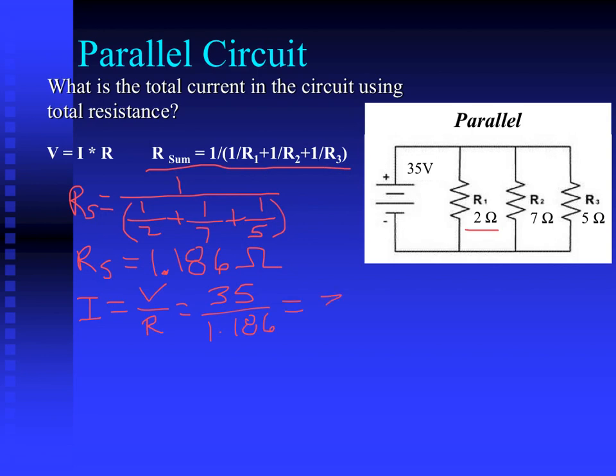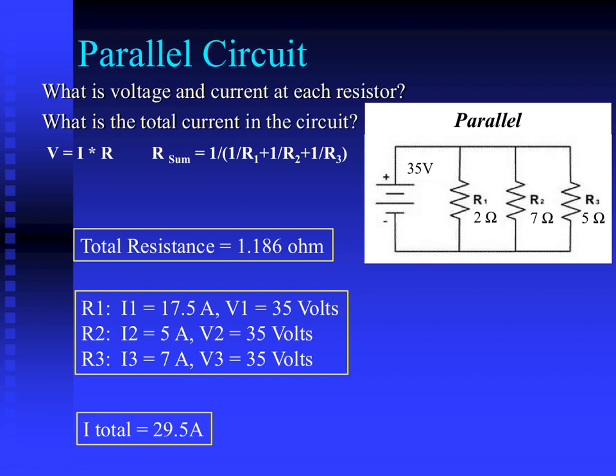And we see that it is going to be 29.5 amps, which is the same value we found when we calculated it in the previous slide by adding the 3 currents I1, I2, and I3. We got the same value, 29.5 amps. And this slide just confirms the values.